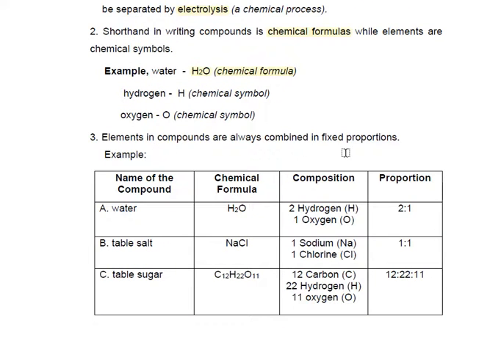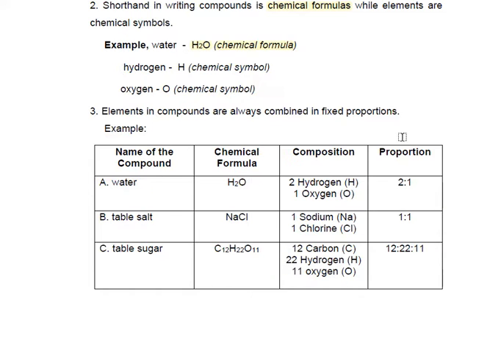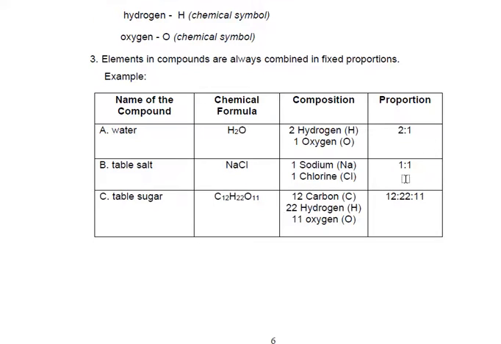Elements in compounds are always combined in fixed proportions. Okay. It is fixed, a certain proportion. So, here is an example. Like for water, you have 2 hydrogen atoms and 1 oxygen atom. So, 2 is to 1. Okay?